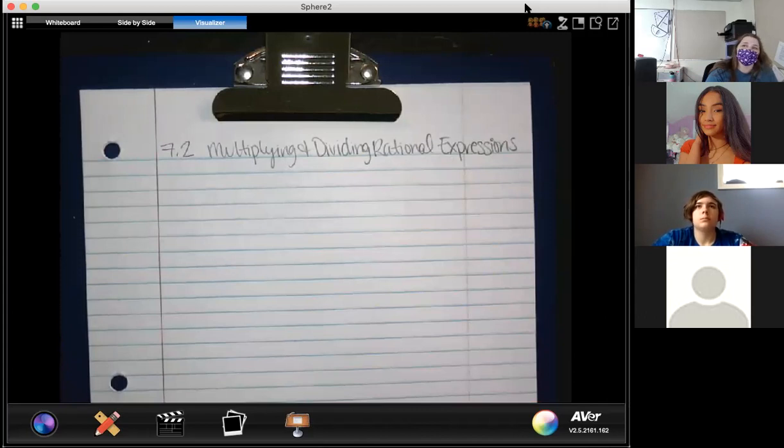If I was multiplying 1/2 and 2/3, is there anything fancy I have to do? No. But if I'm adding 1/2 and 2/3, I have to do something to make sure I can add them together. So multiplying and dividing is an easier concept because we don't have to make sure there's a common denominator before doing anything.